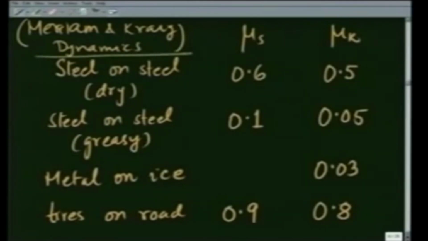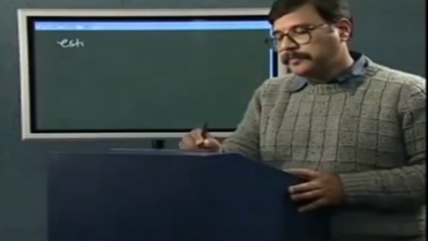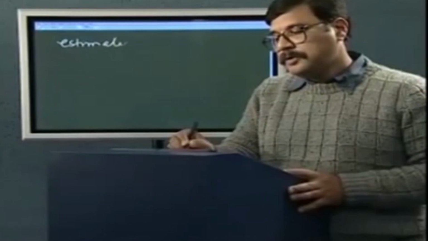So what we have seen is, as the body moves on the surface, it can feel either the static friction, and once it starts moving, then there is kinetic friction. Kinetic friction is slightly less than the static friction. Let me now see how I can estimate the coefficient of static friction between two bodies.